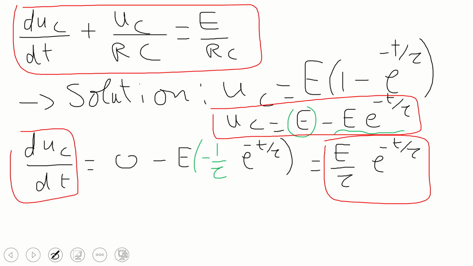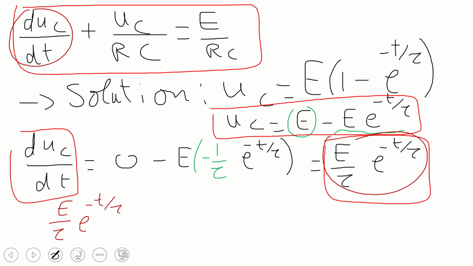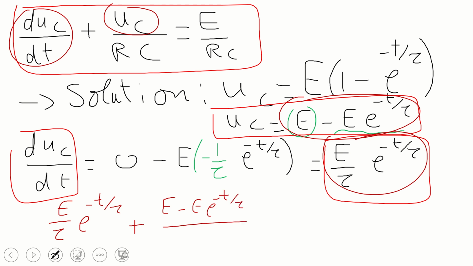So instead of duc over dt, we have E over tau exponential minus t over tau. Plus, instead of uc, we have this expression, E minus E exponential minus t over tau, divided by RC, equals E over RC.